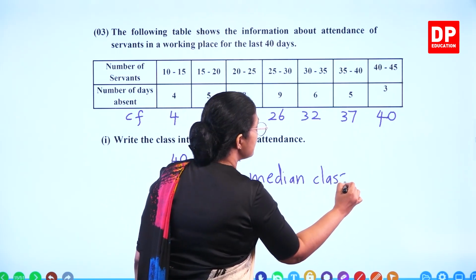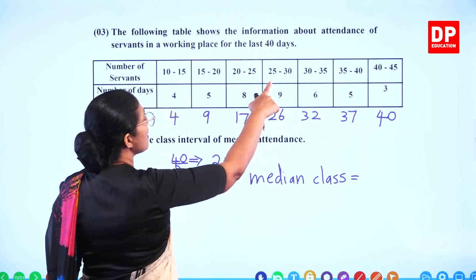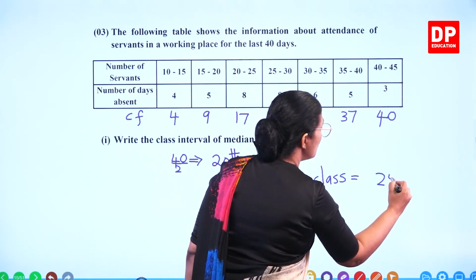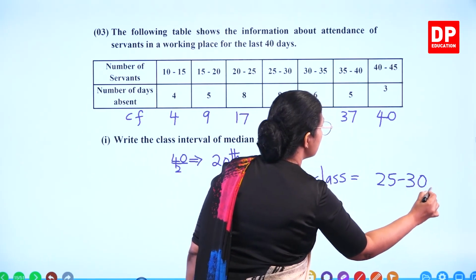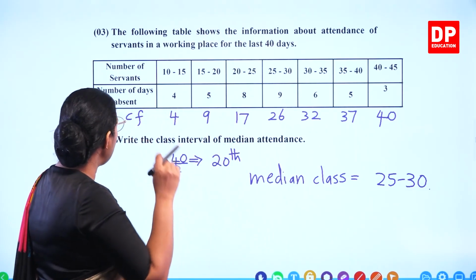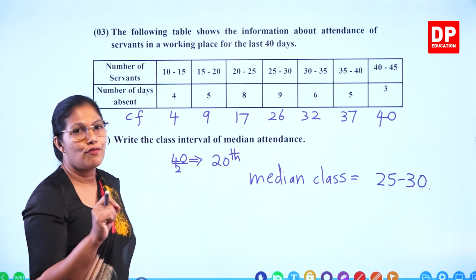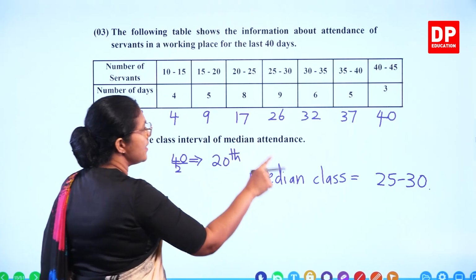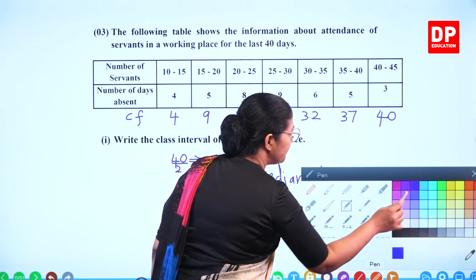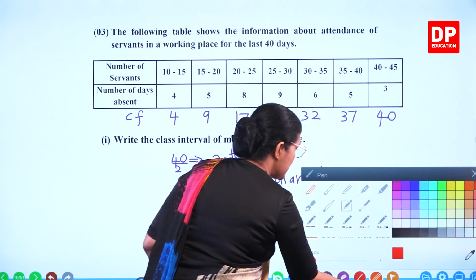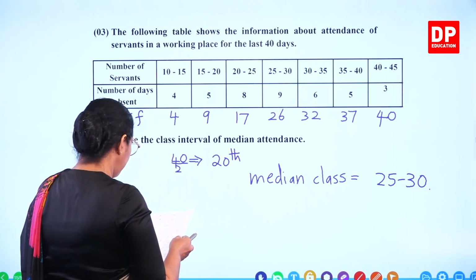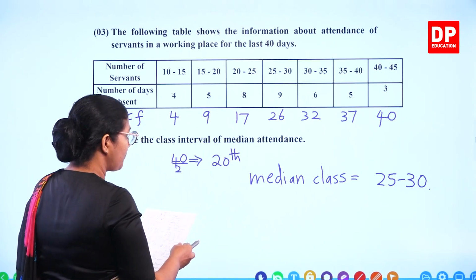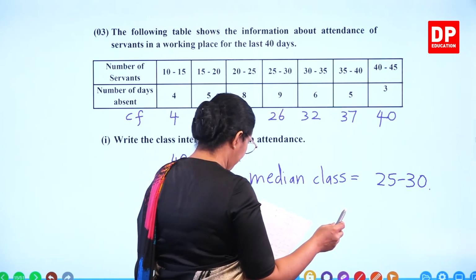Median class is 25 to 30. We can't find a particular value for that, so you have to write the median class there. So how many marks for this part? Just 1 mark.